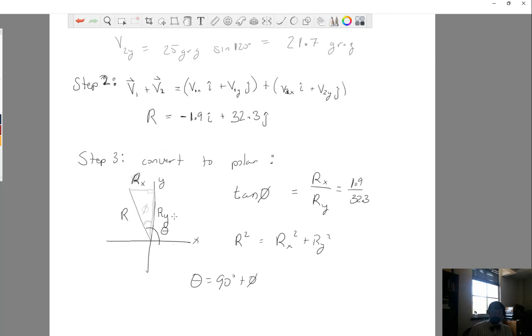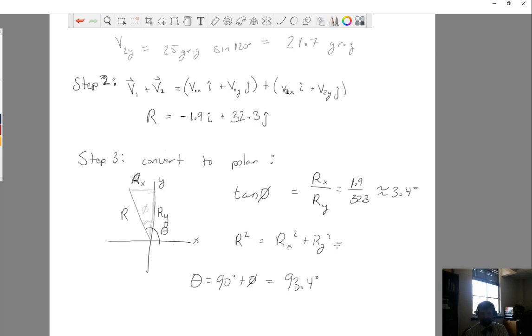Okay, so if I take the inverse tangent, that's the tan negative 1 button of 1.9 divided by 32.3, I end up getting 3.366, so about 3.4. So this is roughly 3.4 degrees. That means that this is 93.4 degrees.